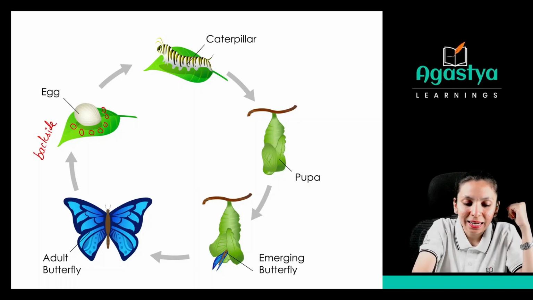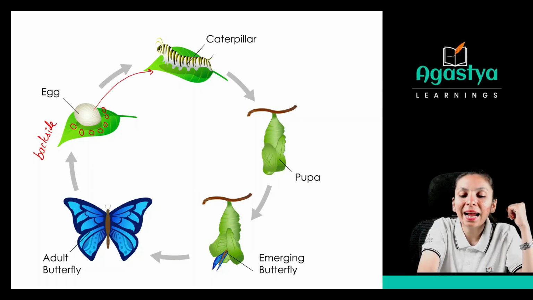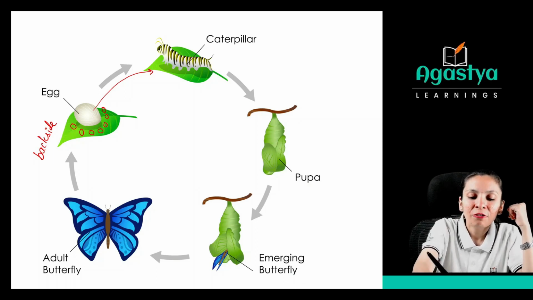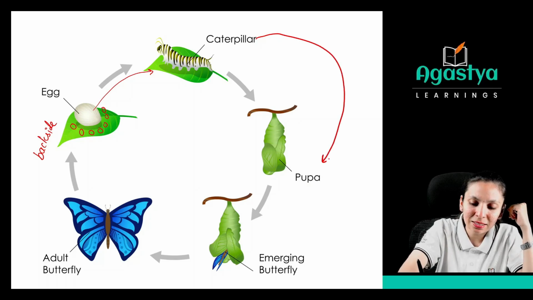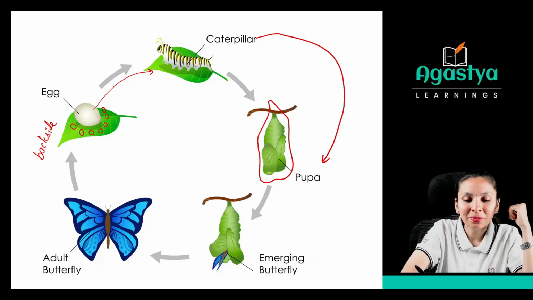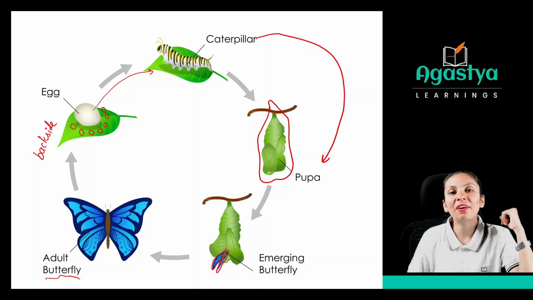From this egg, a caterpillar structure will come out. What kind of structure is there? Yes, caterpillar structure. From this caterpillar, it will become a structure like this called pupa. How will you pronounce it? Pupa. Clear? From this pupa, the butterfly will come out, and that is the adult butterfly.